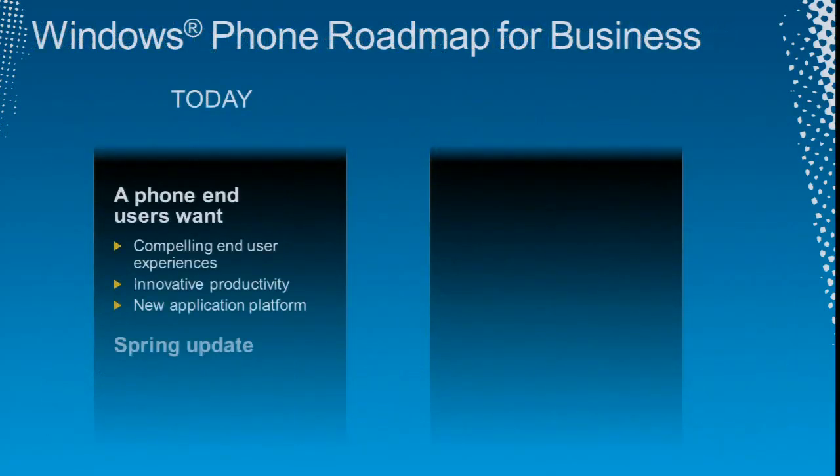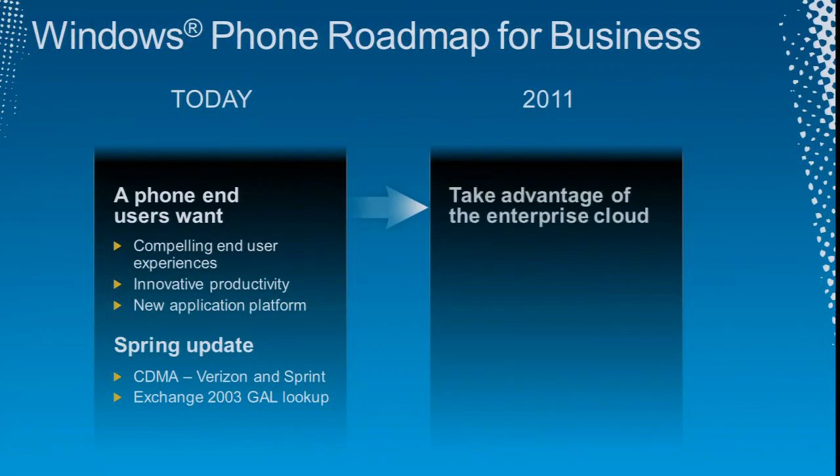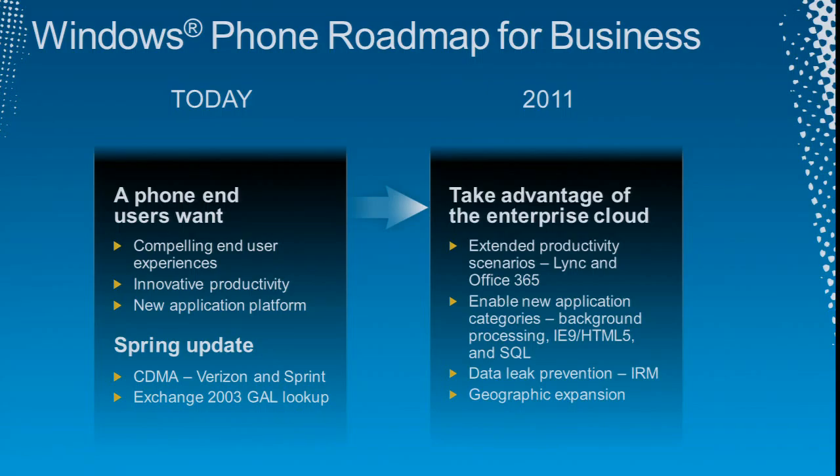So the roadmap for what we have today and what's coming, we feel like today that we have a compelling set of end-user experiences in the business arena, particularly in the productivity space with Office integration and SharePoint integration in the phone. We're the only phone in the marketplace that actually has the full Office suite on the phone.